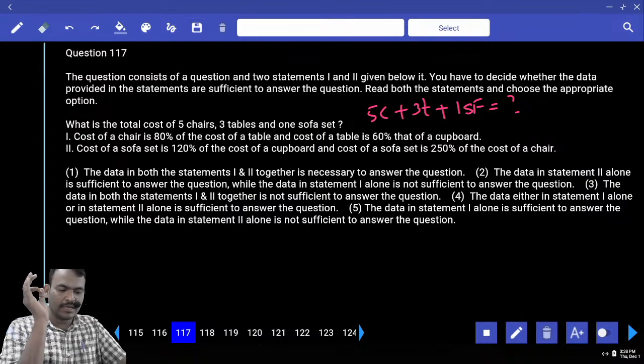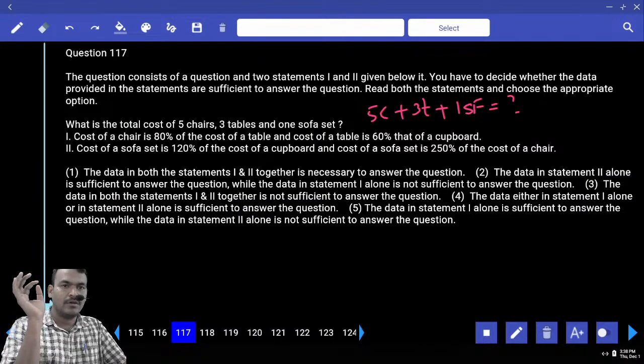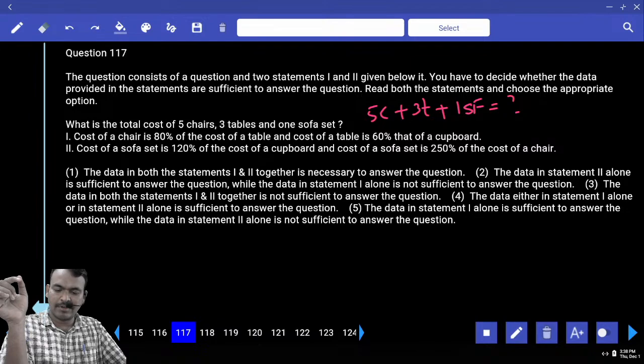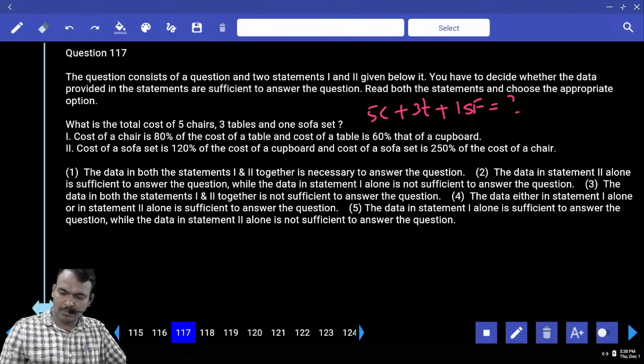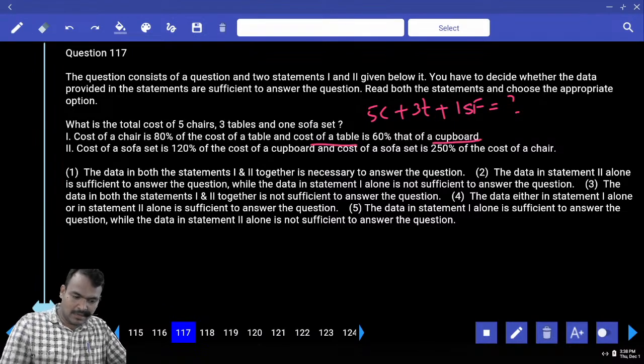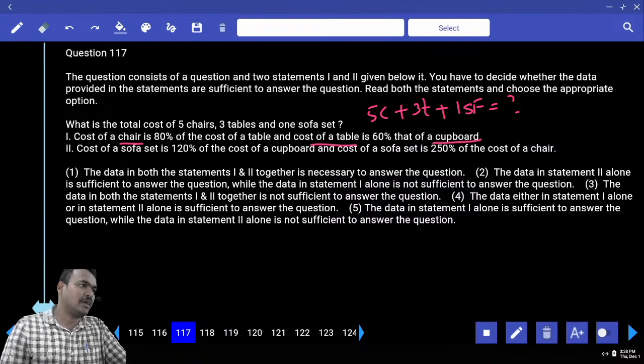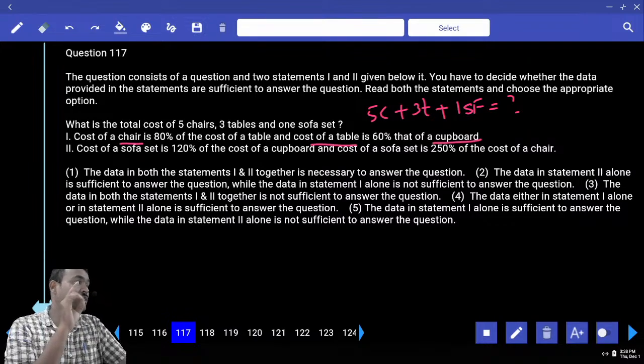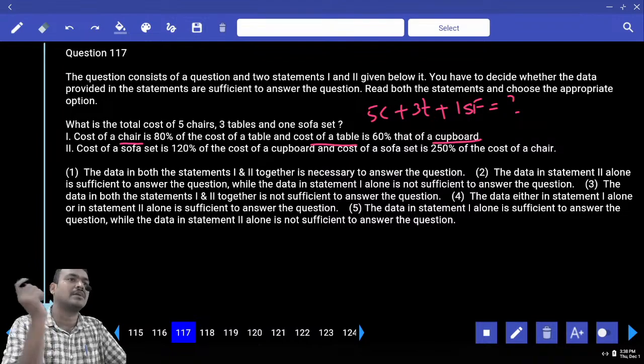Cost of a chair is 80% of which one? Cost of a table, and cost of a table is 60% of the cupboard or not? If you know the cupboard cost, obviously we get the table cost, and obviously we get the chair cost or not? But here we get only the ratio, but we require total cost or not? Total cost means definitely we know the individual cost of each article or not?